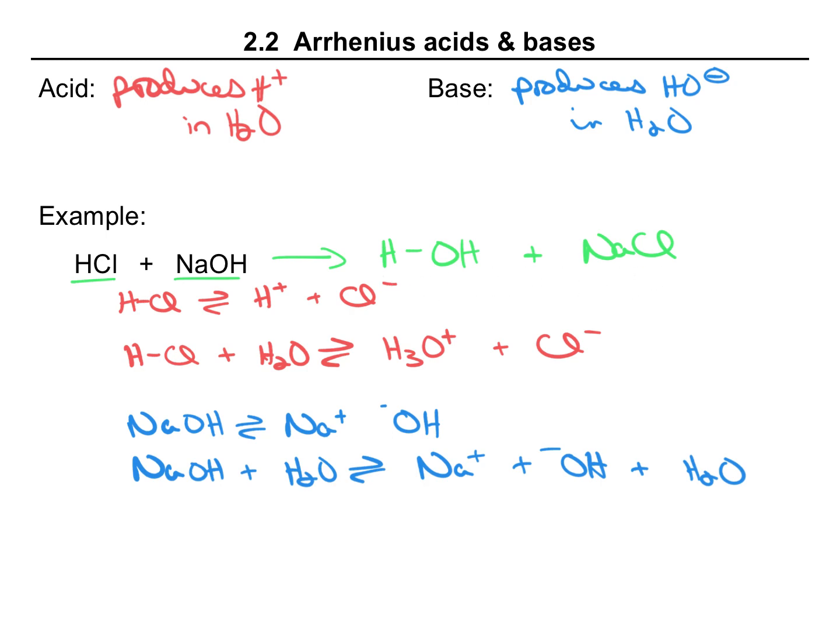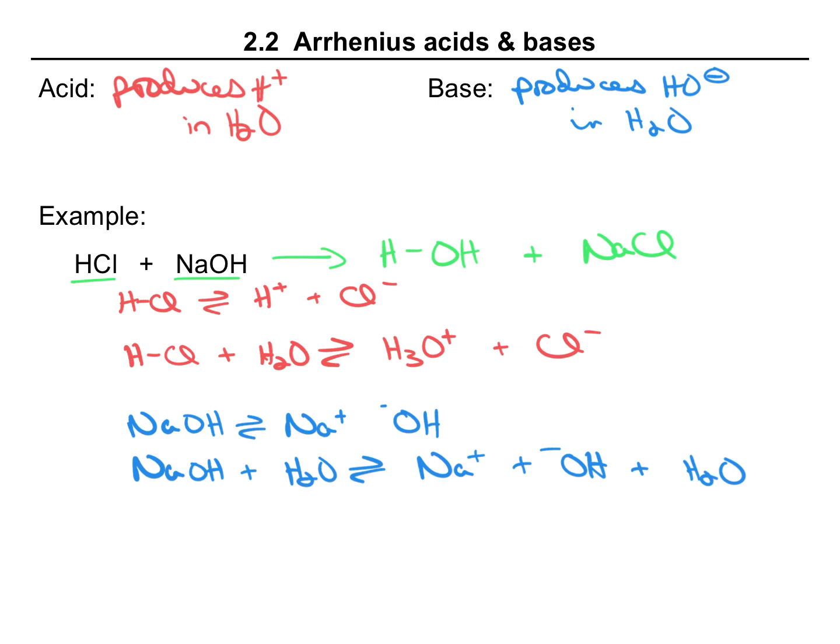So this might be the definition that you saw maybe in high school, possibly it was mentioned in general chemistry, but the problem for us as organic chemists is that these definitions are based in water, and there's a lot of chemistry that doesn't happen in aqueous solutions. So for the most part, we are going to ignore this.